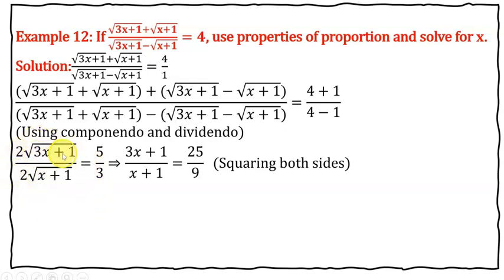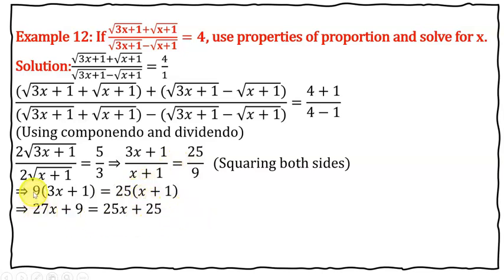Okay, then you will get √(3x + 1) upon √(x + 1) is equal to 5 by 3. Squaring on both sides, then you will get (3x + 1) upon (x + 1) is equal to 25 upon 9. Next, cross multiplication. 9 into (3x + 1) is equal to 25 into (x + 1).